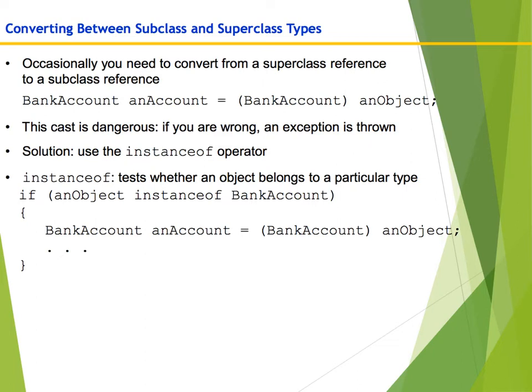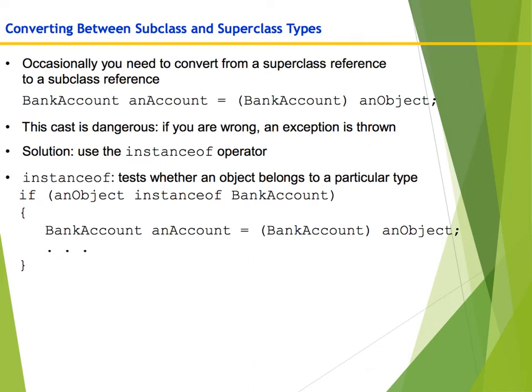It's dangerous because if you are wrong and the object that you are casting into a bank account doesn't actually refer to a bank account, an exception is thrown. The solution to make sure that the object refers to a bank account is to use the instanceof operator. The instanceof operator tests whether an object belongs to a particular type or not.